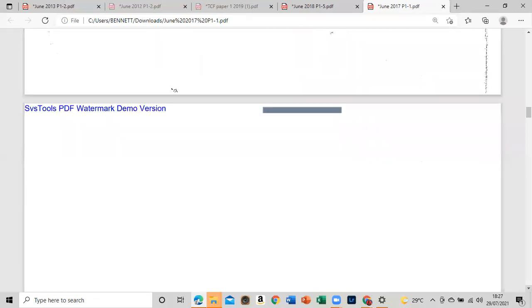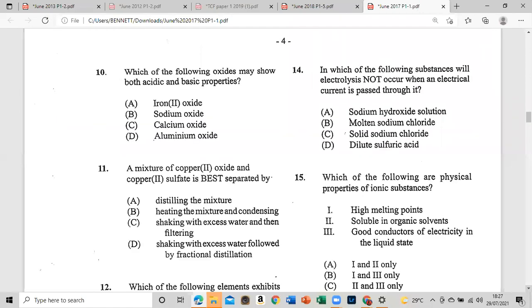Right. Number 10 rather. Which of the following oxides may show both acidic and basic properties? Is it iron(II) oxide, sodium oxide, calcium oxide, or aluminum oxide? I remember that one from a previous paper. It's aluminum oxide. So number 10 is E.